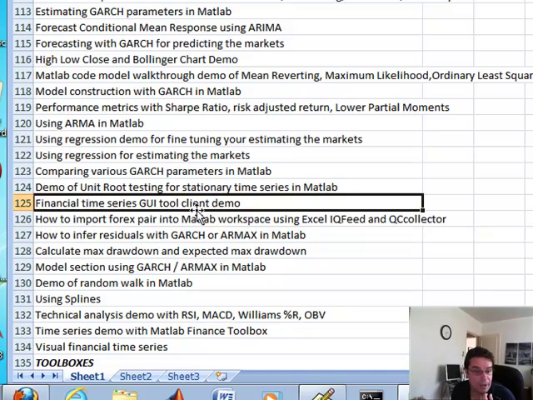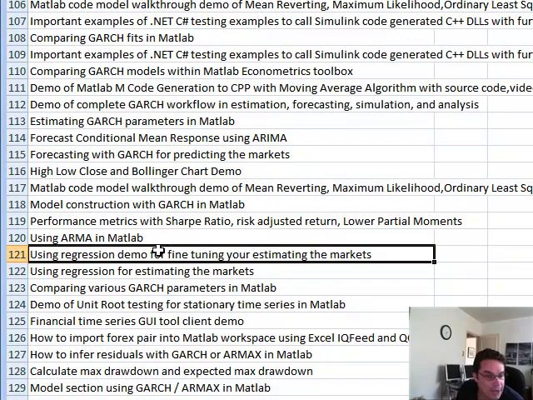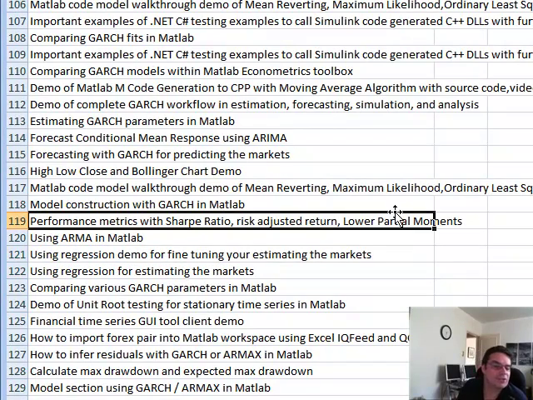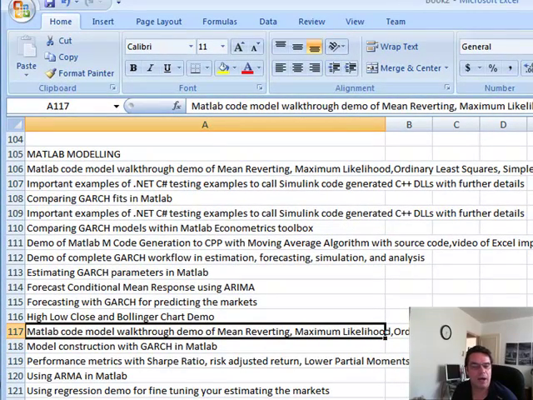There's a lot of that. Using a GUI tool client for financial time series, calculating unit roots, a lot of regression, understanding the performance metrics of your strategies. Also, classic things like, again, a lot of people are interested in mean reverting, maximum likelihood, ordinary least squares, all that math stuff.